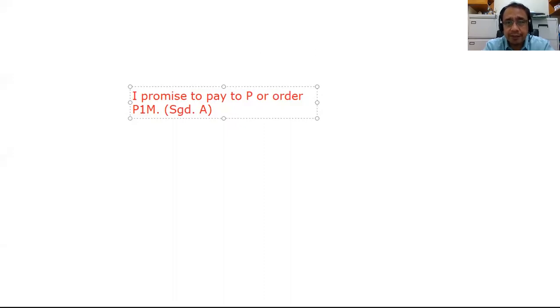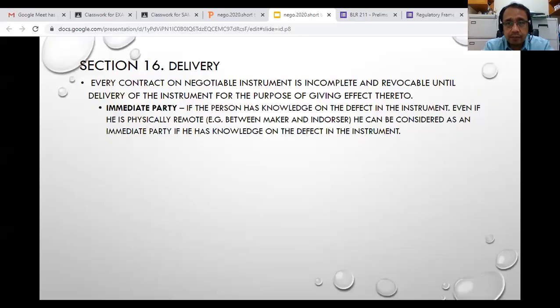What's the reason behind? The provision of Section 16. Sabi niya doon, every contract on a negotiable instrument is incomplete and revocable until the delivery of the instrument for purposes of giving effect thereto. So as long as that instrument is still in the possession of the maker or of the drawer, as the case may be, it is not yet a complete instrument.